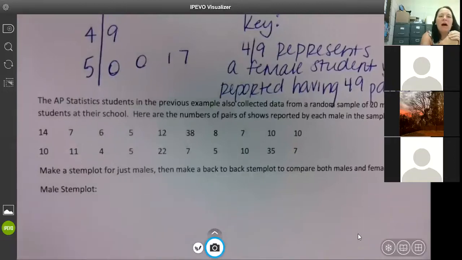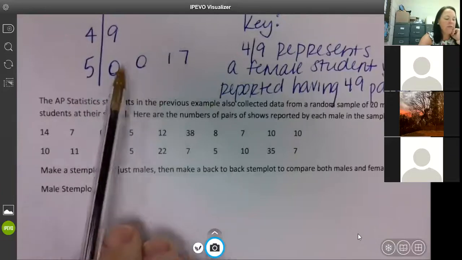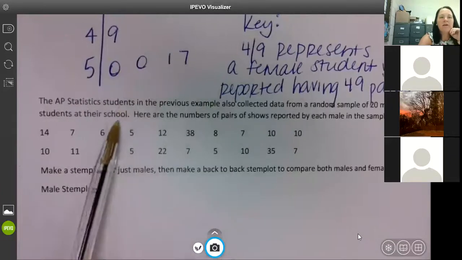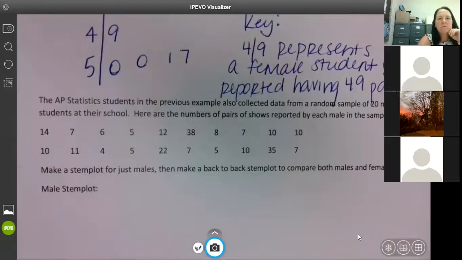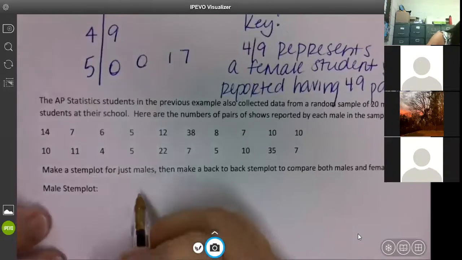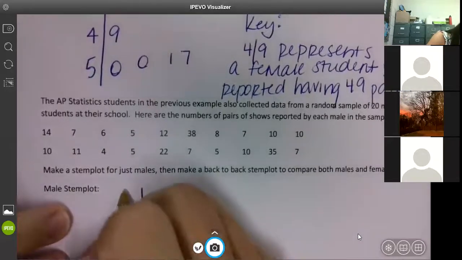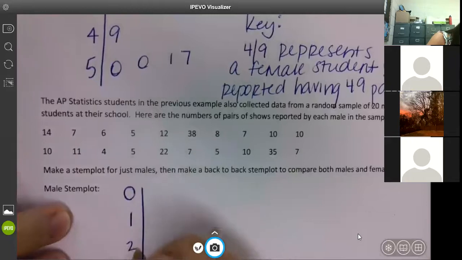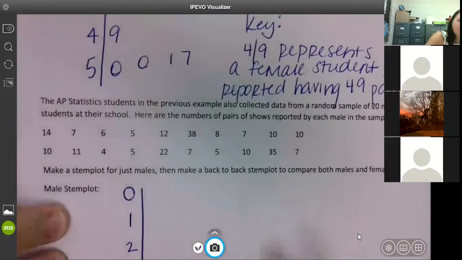So we're going to put one number on this side and then the ones on this side. So how do I do 5? Could you put a 0? Yes, that's exactly what I'm getting at. So you said 4 was the smallest, 38 was the biggest. So we just need 0, 1, 2, and 3.